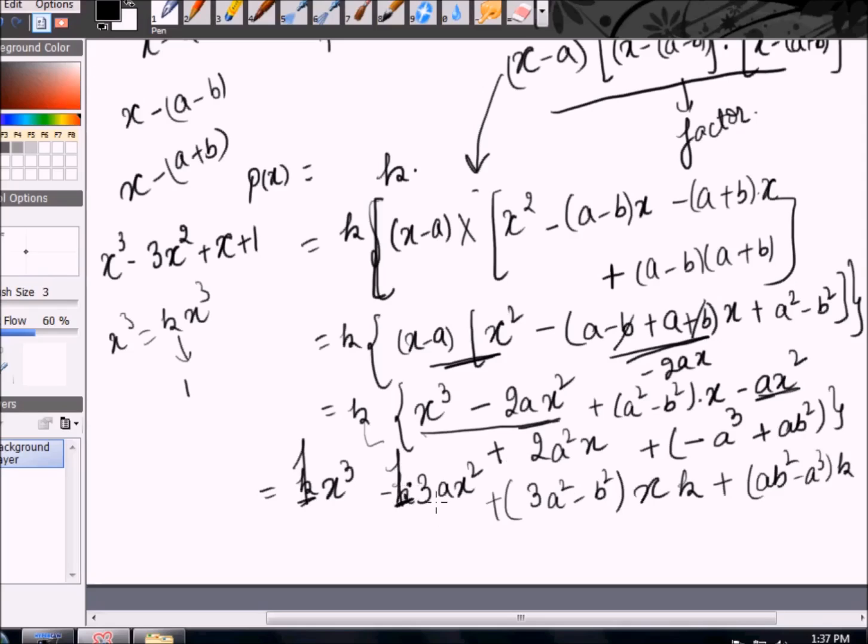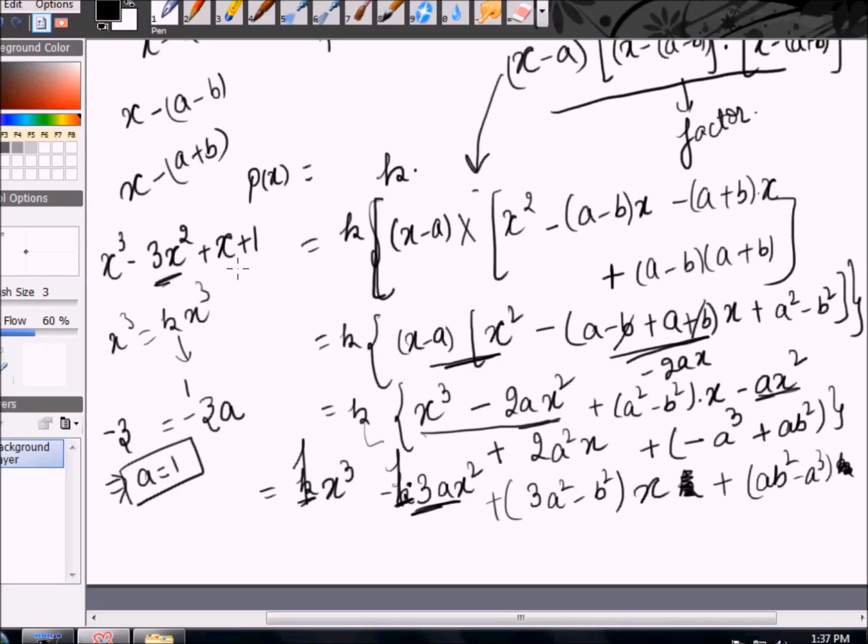One into something is the same term. Comparing the terms having degree 2 or x square, we have minus 3 equals minus 3a, implies that a equals 1.